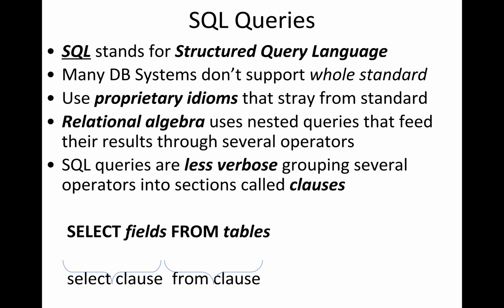Right. So there was a lot of effort at making this easily readable, kind of like a pseudo English language that was hopefully self-explanatory of what it was doing. So here's an example of it where you can say select fields from table.